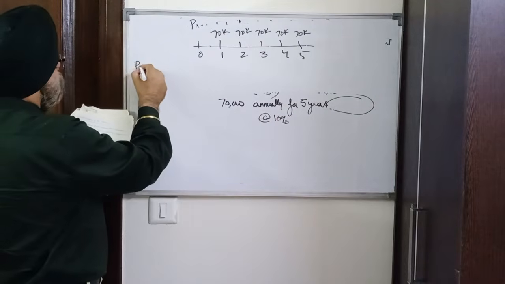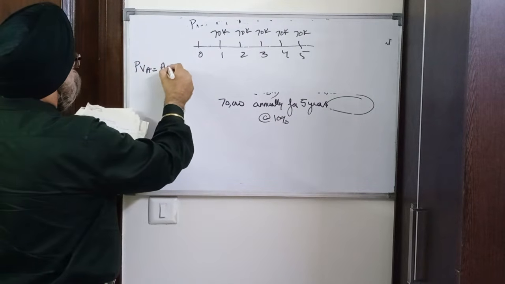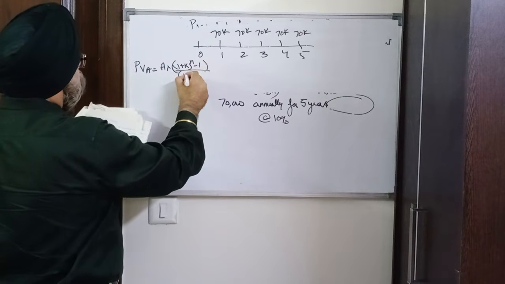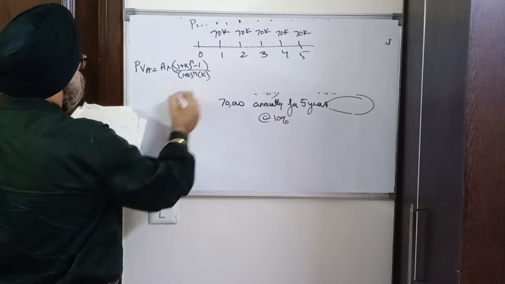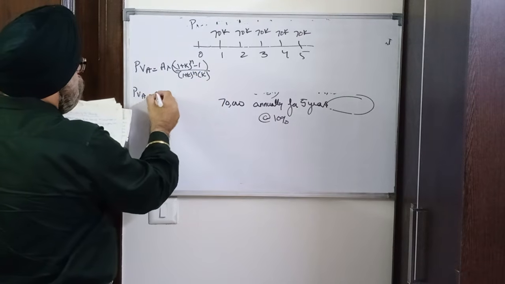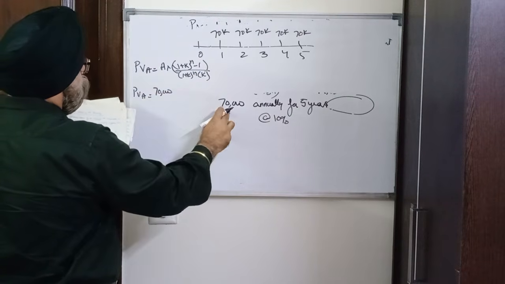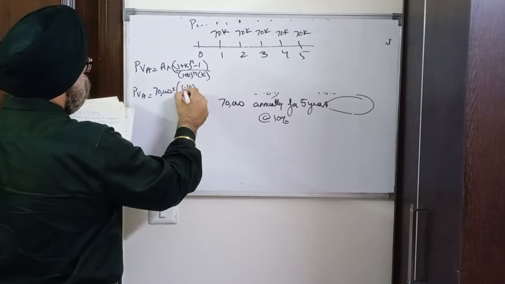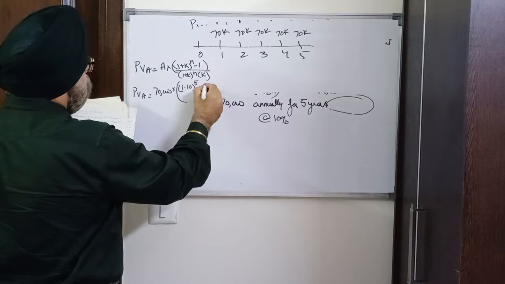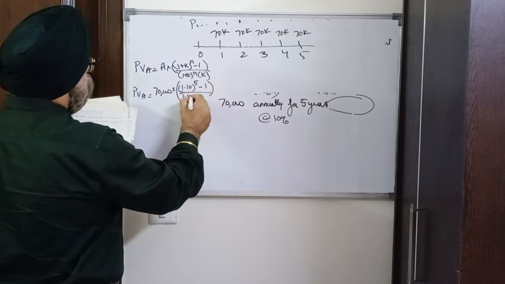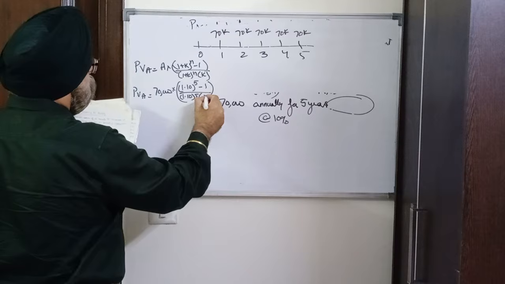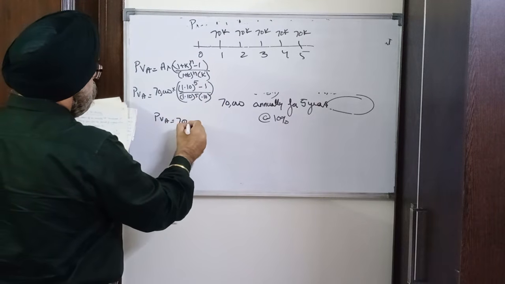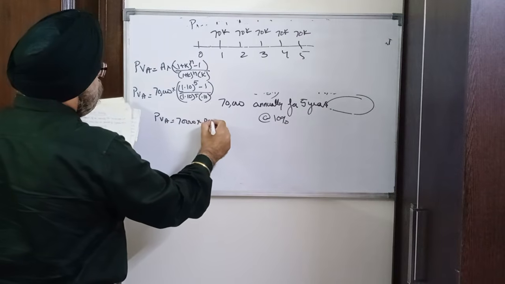So what is the formula? PVA is equal to A into 1 plus k raised to power n minus 1 upon 1 plus k raised to power n into k. Or PVA is equal to 70,000, the value of annuity, into 1.10 raised to power 5 minus 1 upon 1.10 raised to power 5 into 0.10. Or we can write it as 70,000 into PVIFA.